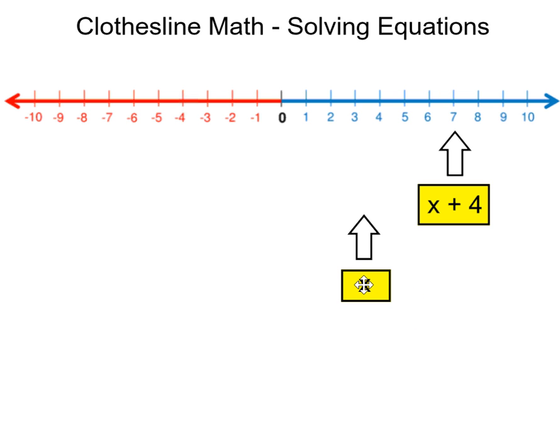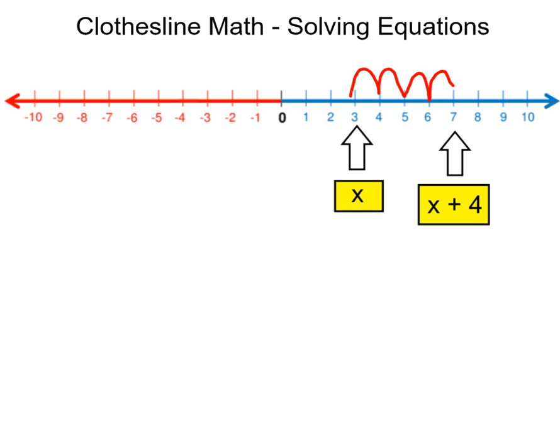Hopefully you're thinking that x would have to be smaller than the answer to x plus 4, because x plus 4 means we're taking x and adding 4 to it. So to figure out where x was, I'd have to take away 4 to get to where x would be, which in this case will be 3.